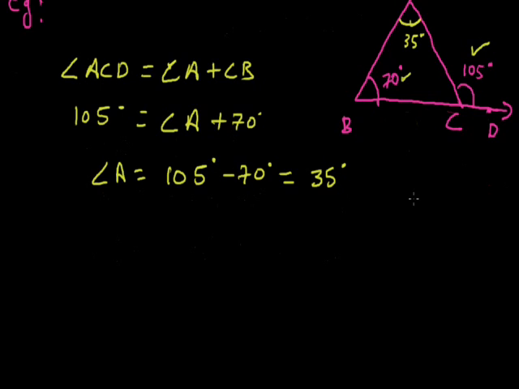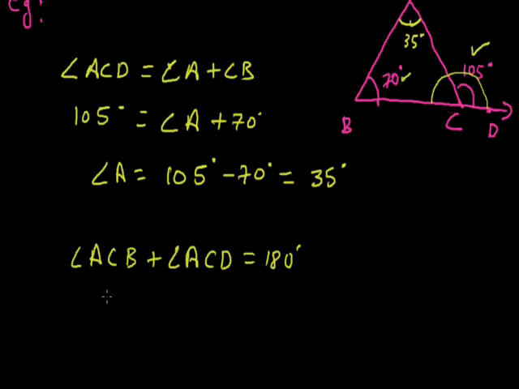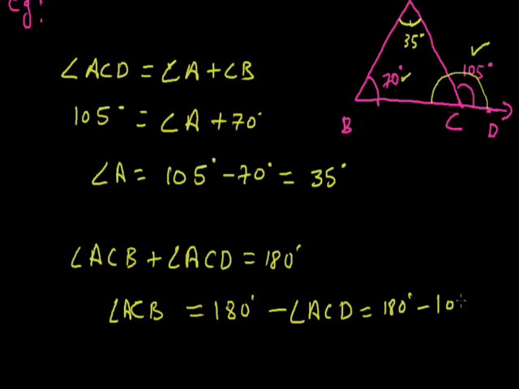Now the only angle remaining is angle C. Here you can see that it is a straight line, so this complete angle will be 180 degrees. So we can write angle ACB plus angle ACD is equal to 180 degrees, or angle ACB is equal to 180 degrees minus angle ACD, which is equal to 180 degrees minus 105 degrees.